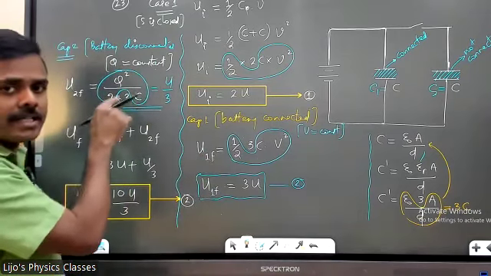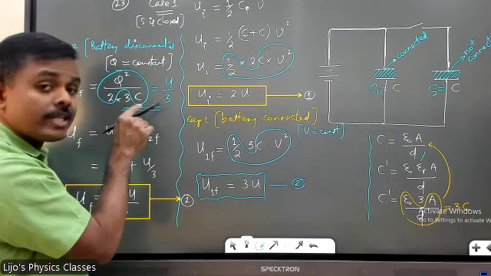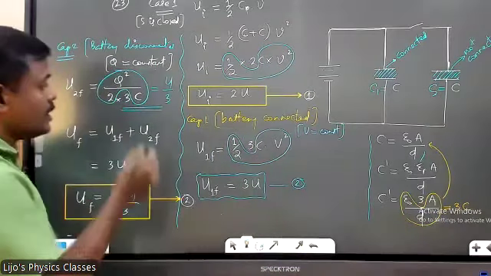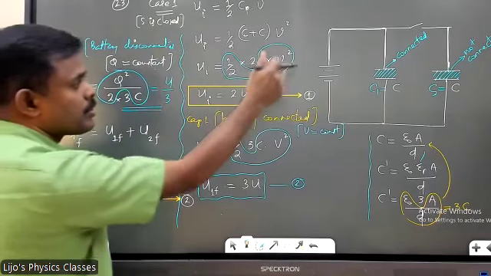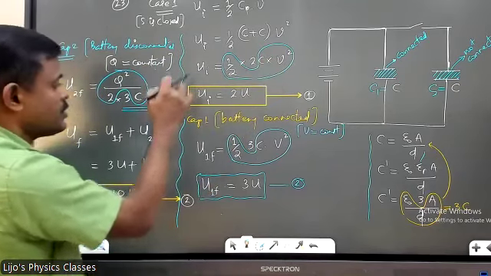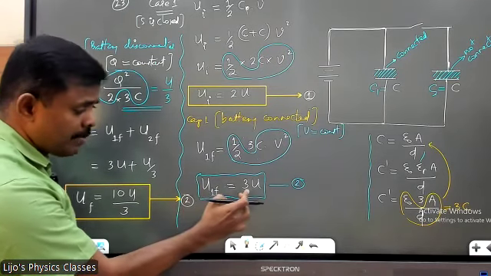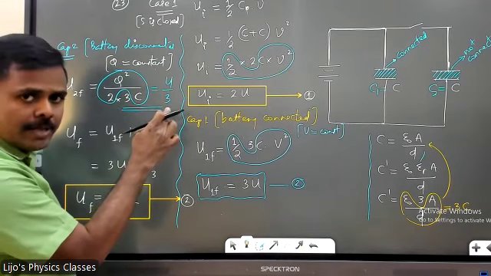So I'm using the charge involving equation: Q square by 2 into 3C, because the new capacitance is 3C. Q square by 2C is the original energy, called U here, so it is U by 3. So the new energy of the first capacitor is 3U, and the new energy of the second capacitor is U by 3.